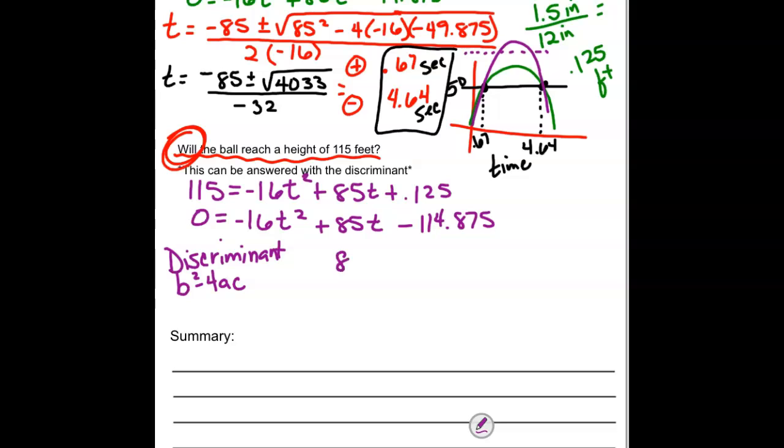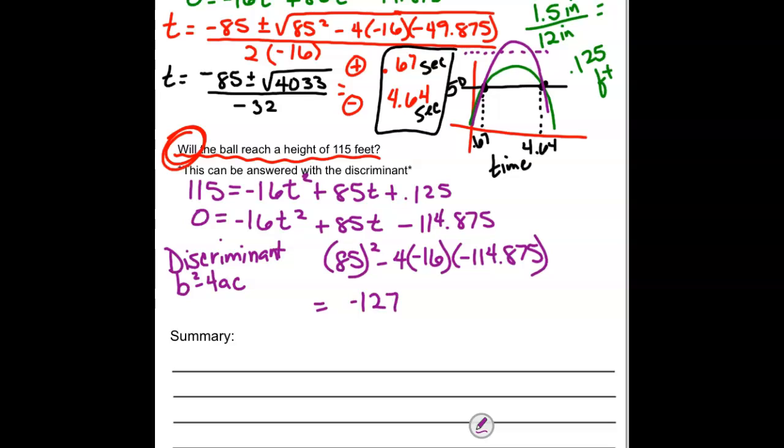So b squared would be 85 squared minus 4 times our a value times our c value. So grab your calculators. 85 squared minus 4 times negative 16 times negative 114.875. We end up with negative 127.